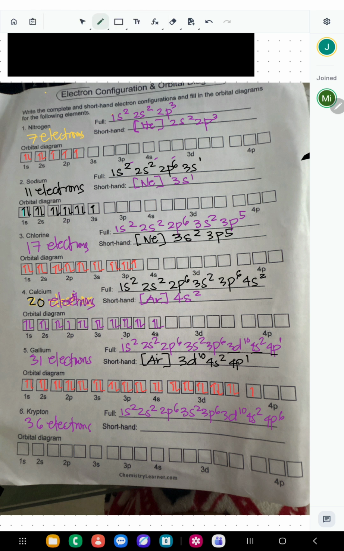Okay, what is the closest noble gas before krypton? Argon. Okay, so we put argon in a bracket. Then how many electrons does argon have? Isn't it 18? Okay, so 36 minus 18.